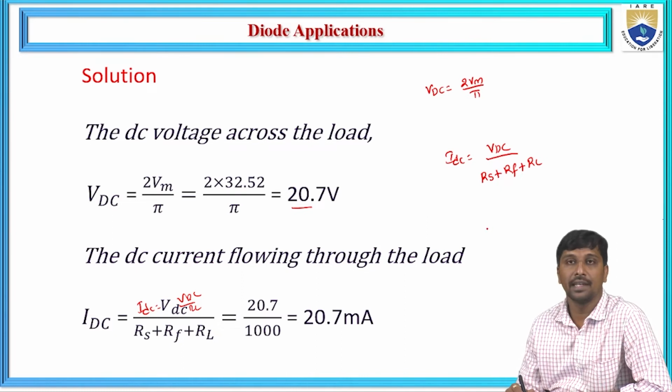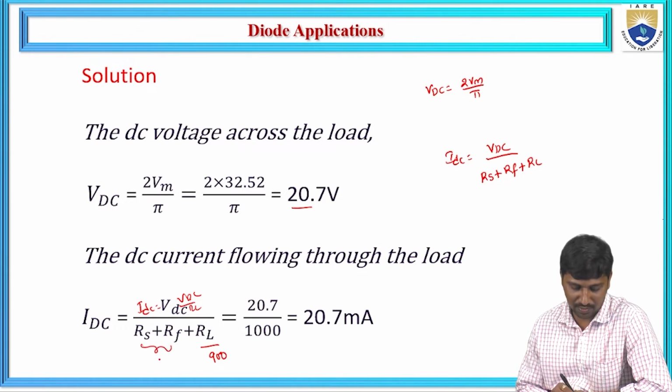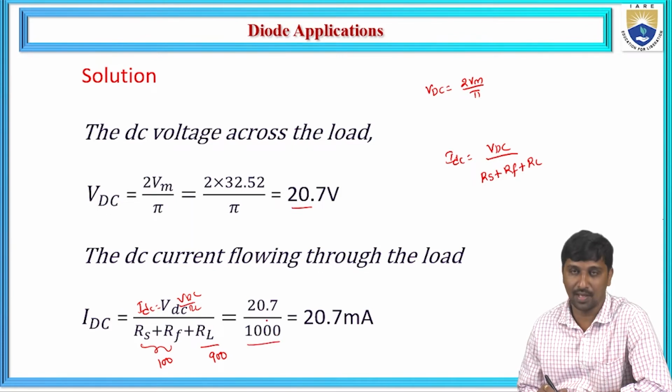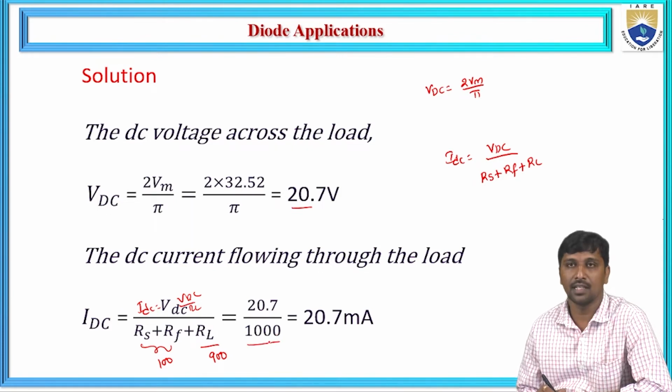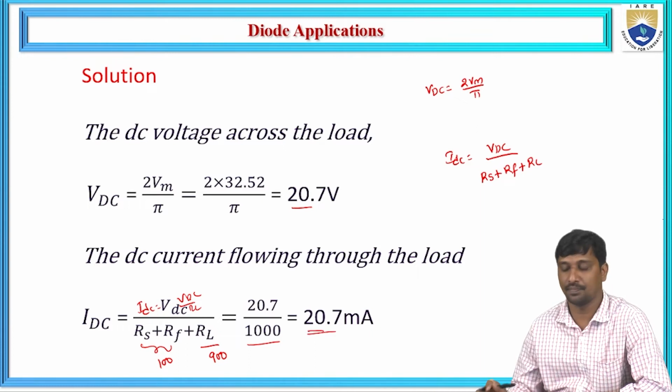In the given problem specification, the load resistance is 900. Together the source and the diode forward resistance is 100. Hence it is 1000. So the IDC value is 20.7 by 1000, that becomes 20.7 milliamperes.